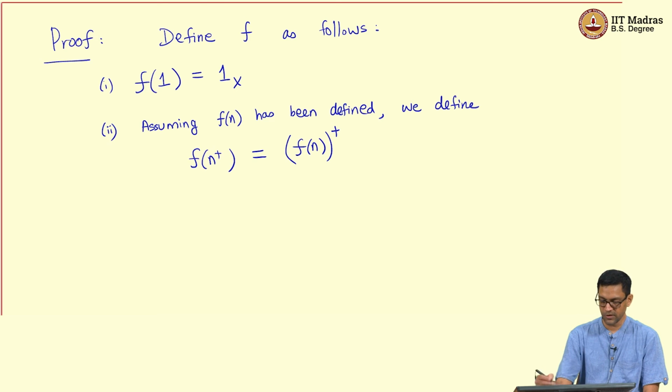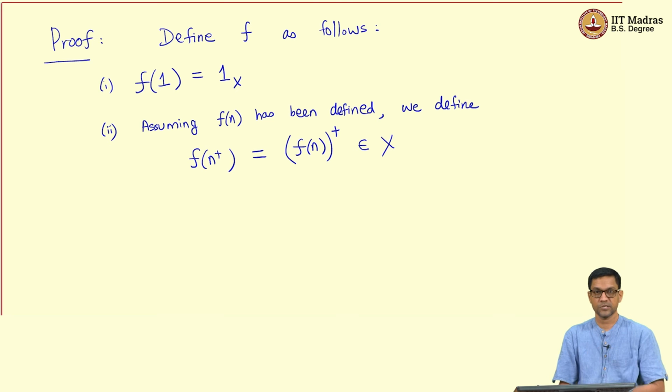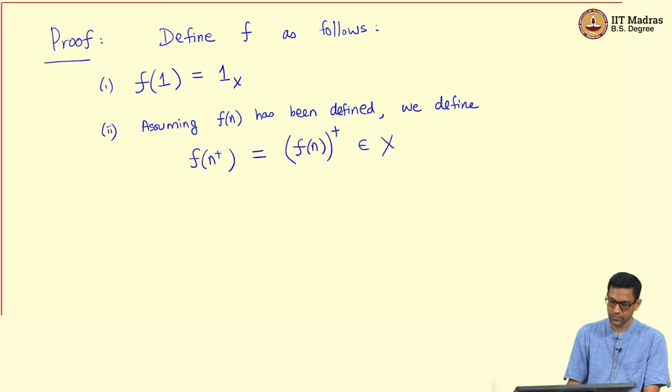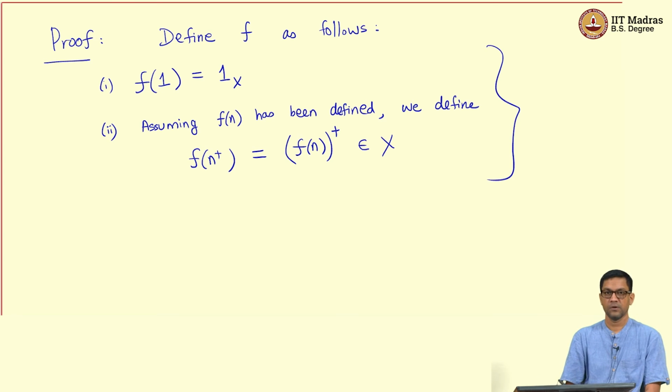Okay. So, the successor on the right hand side is an element of X. So, recall f(n) is an element of X, and so the successor of f(n) is also an element of X. So, these two conditions define f on every element of the natural numbers, right, just by the principle of mathematical induction. It says if you have any property that is true for 1 and then assuming it is true for n, it is true for n plus 1, then it holds for all natural numbers.